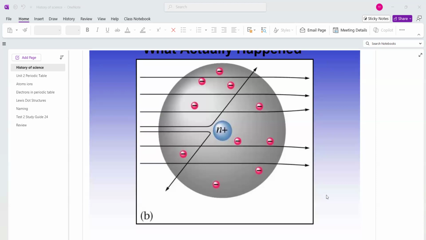But only 0.1% were deflected, or even smaller. It's very, very, very, very few. So the model now has to be revised because the data is not consistent with the model. Because basically, this is what Rutherford's saying. And don't forget, this is like the early 1800s. I'm standing on nothing.